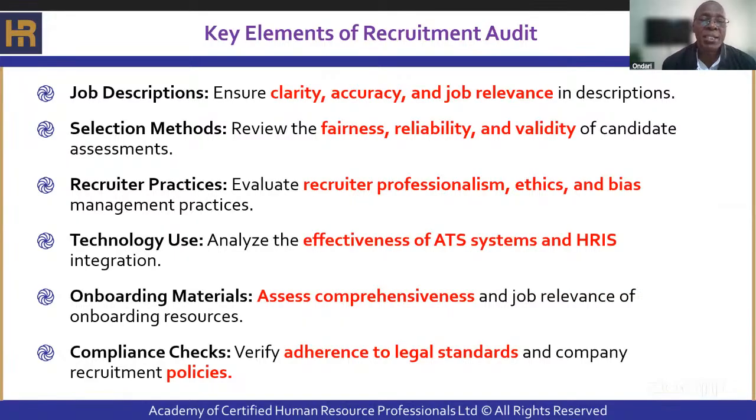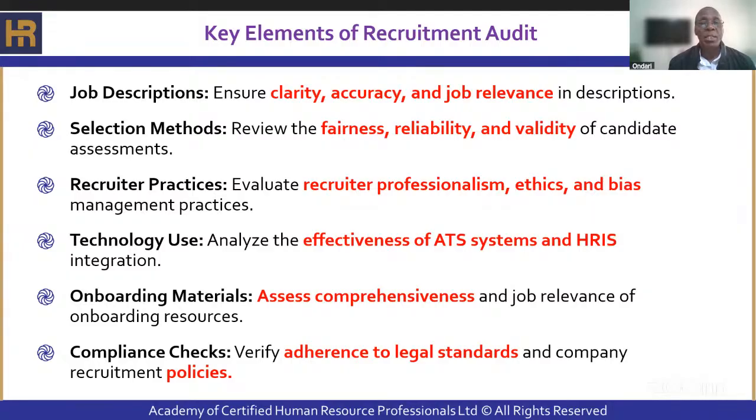The other element is the adoption of new technologies in the recruitment and the onboarding process. An example is ATS, which means automated tracking system, and HRIS, human resource information system. These two can work together by way of integration.